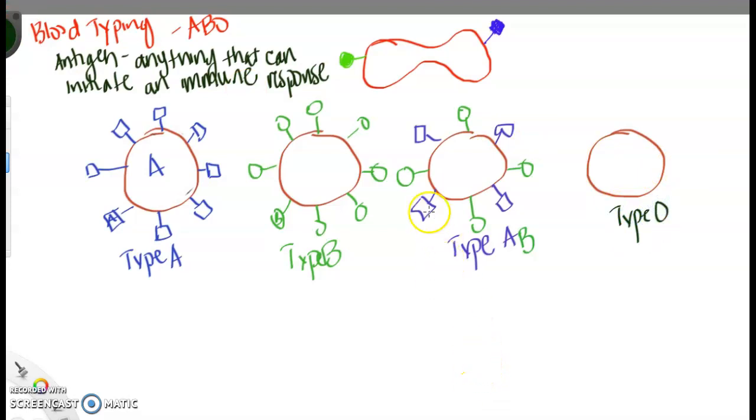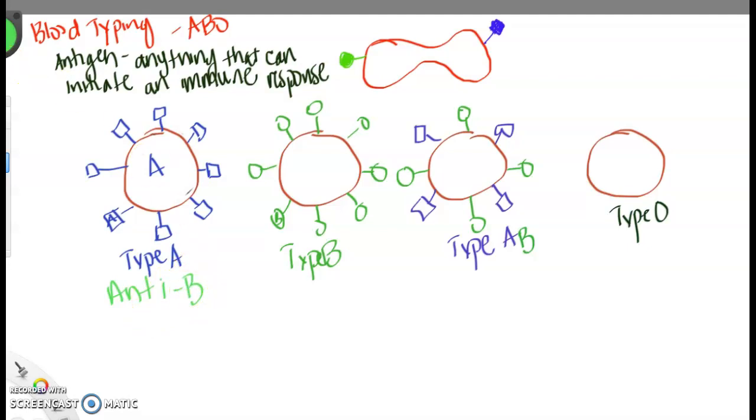Okay, so when you have the type of blood that you have, you may have antibodies for the opposite blood. So if you have type A blood, then you have antibodies for B. Because if you get type B blood and you're a type A, then these anti-Bs are going to attack that type B blood because it's not you.